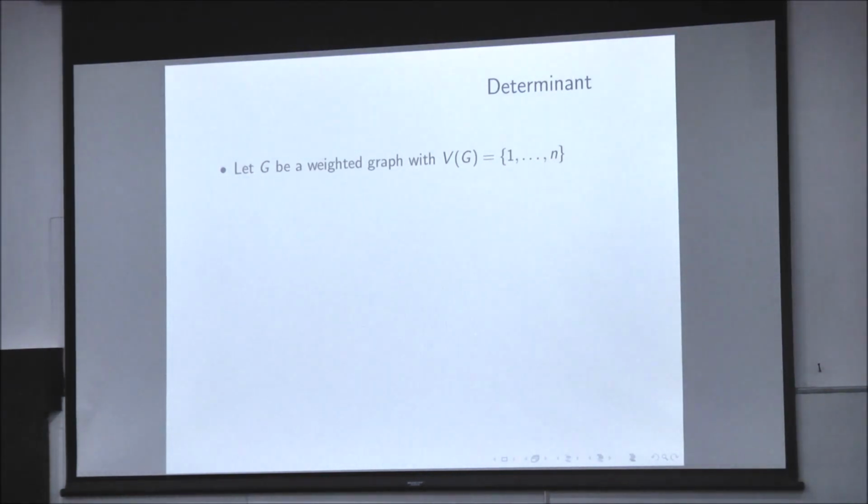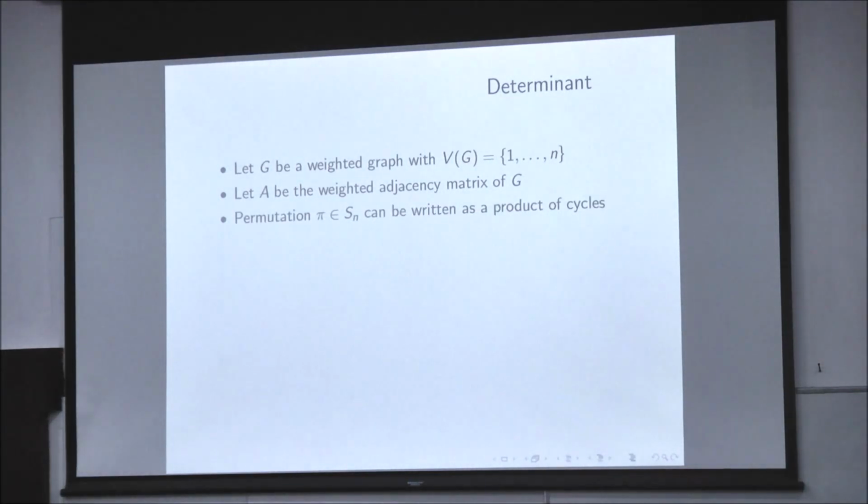Let G be a weighted graph on n vertices, say 1 through n, and let A be its weighted adjacency matrix. Further, consider a permutation pi. Then any permutation pi on n symbols can be written as a product of disjoint cycles. Just the usual group theory stuff.